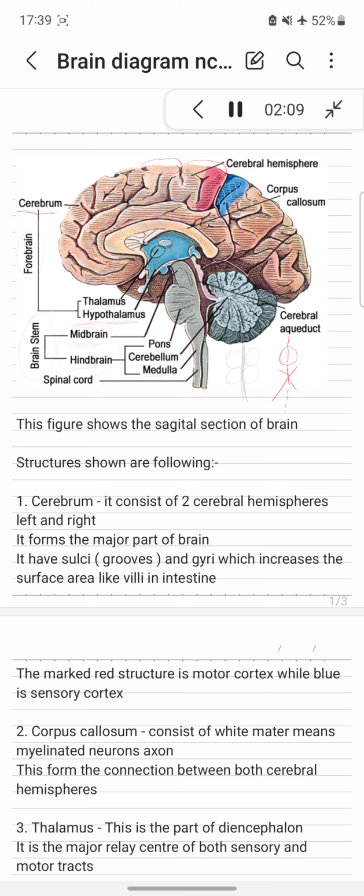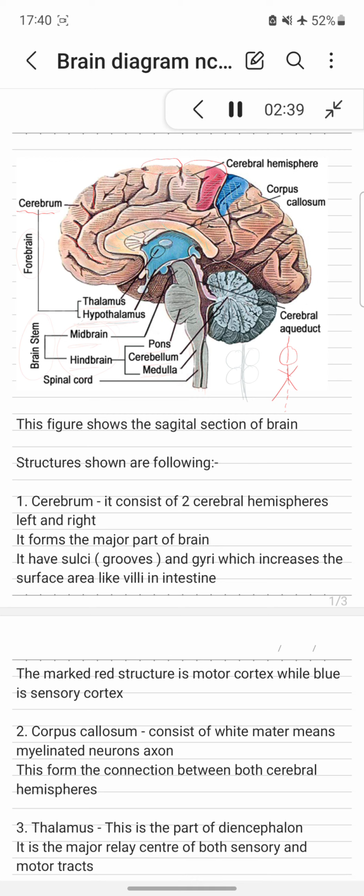Relay center means that when an impulse comes from any extremity, upper limb or lower limb, to the brain, it must relay or synapse in the thalamus, then goes to the other part of the brain. Similarly, when a motor impulse comes from the brain and goes to any other part of the body, it should pass through the thalamus. That's why it is known as the relay center of the brain.